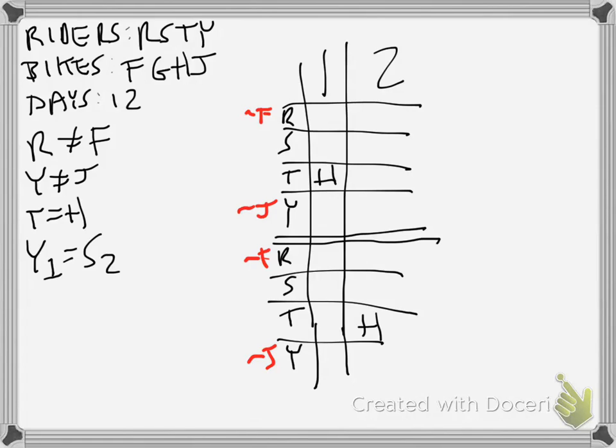And if in this first sketch Y can't do H and Y can't do J, well, you know it's either going to do F or G, and that means G or F is going to be going on day 2.